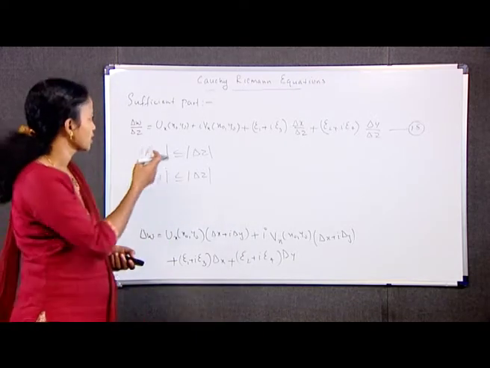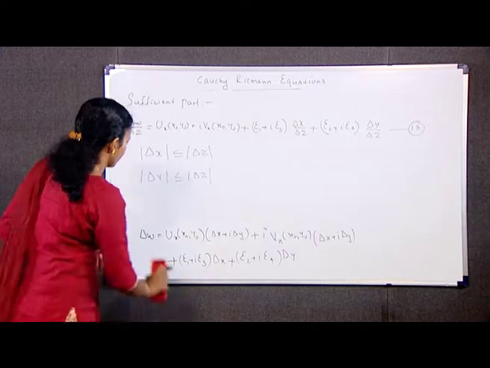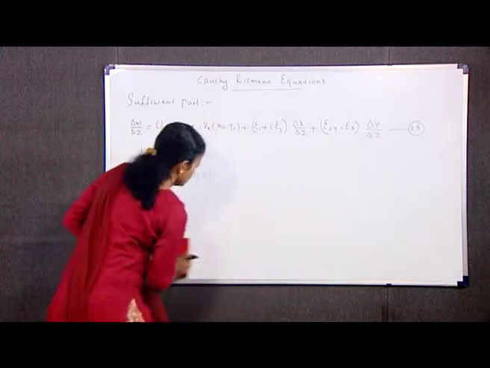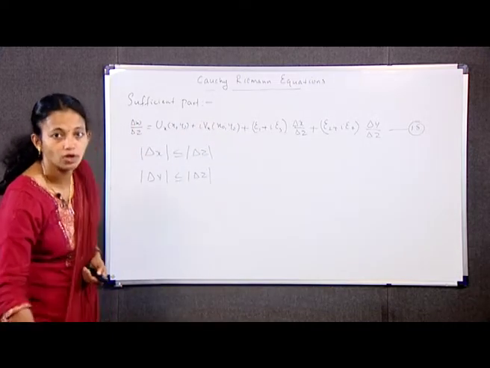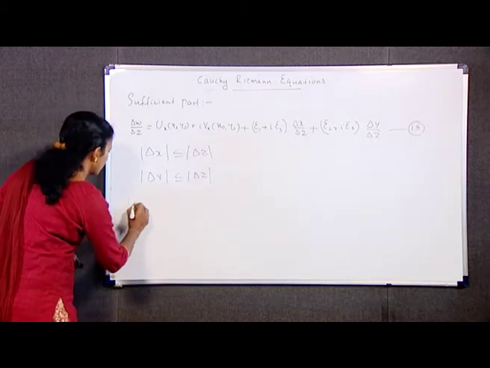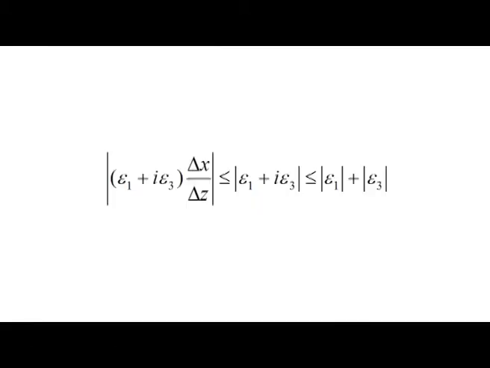Hence, modulus of (epsilon 1 plus i epsilon 3) into delta x by delta z is less than or equal to 1.